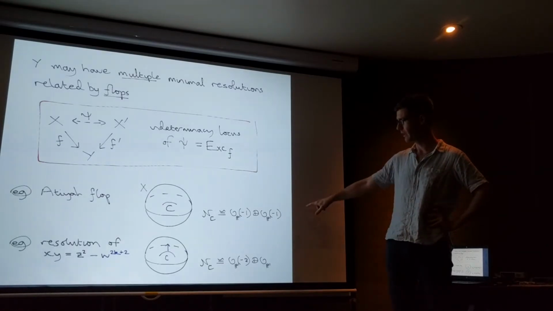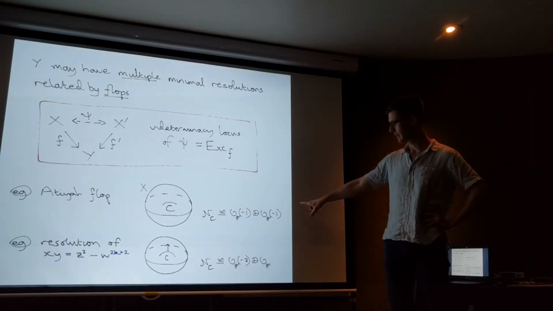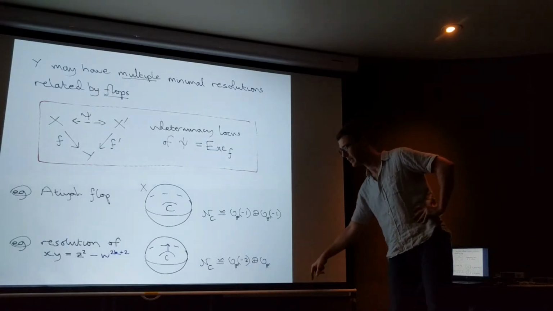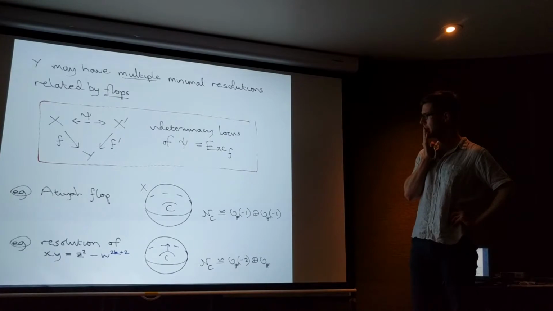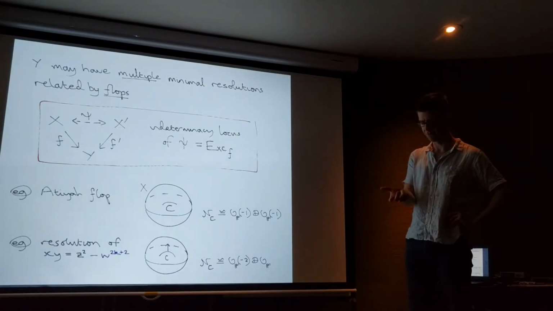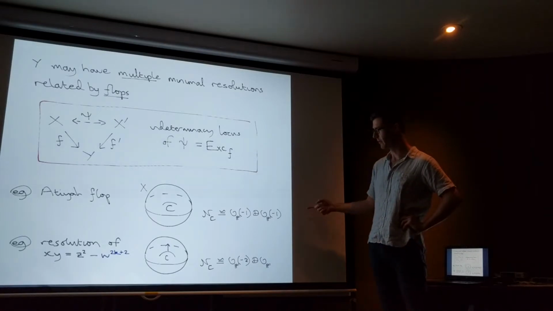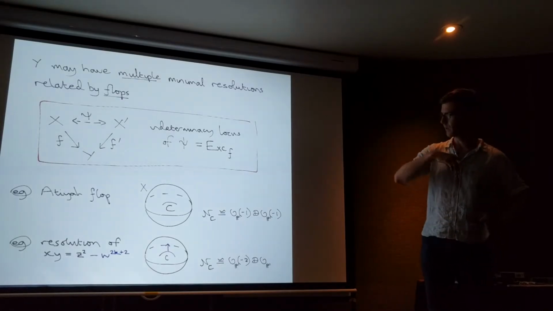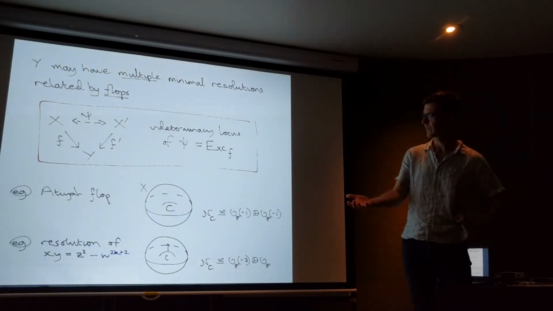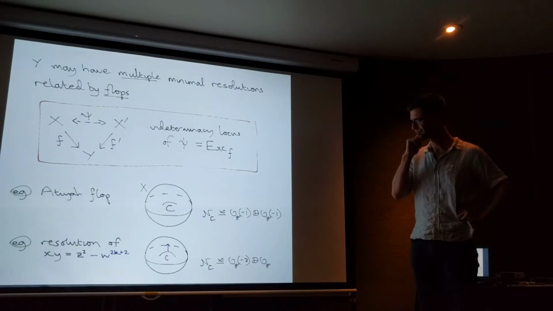So for example, this is the first example we looked at. So if I have a single rigid projective line in a threefold, then that possesses a flop. So I can replace C with some C prime in an X prime.